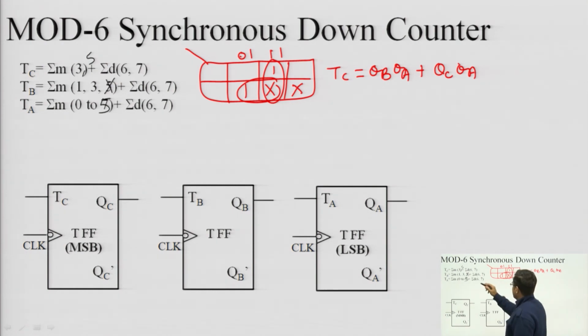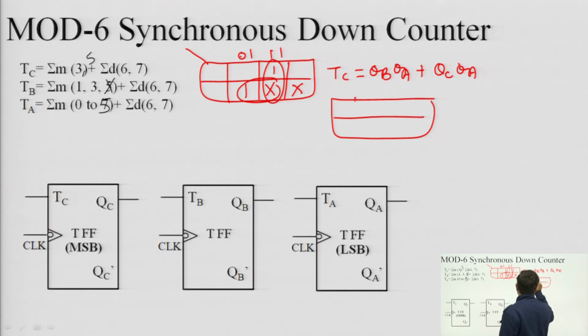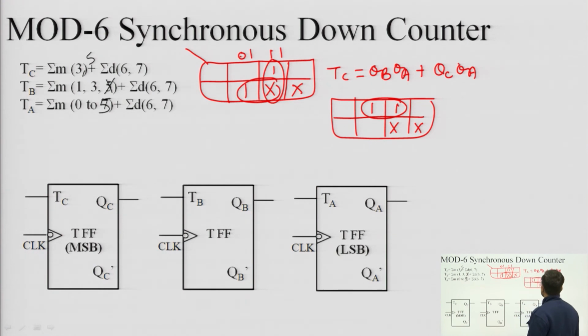Similarly, for TB I will be using another K map, which has 1 and 3 as terms, and 6 and 7 as don't care terms. This corresponds to TB is equal to QC complement and QA.